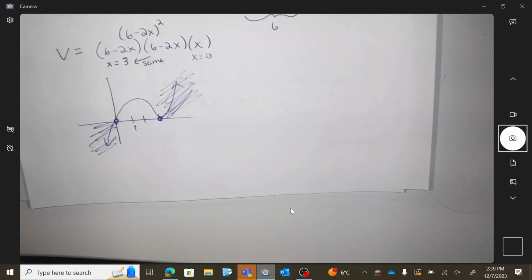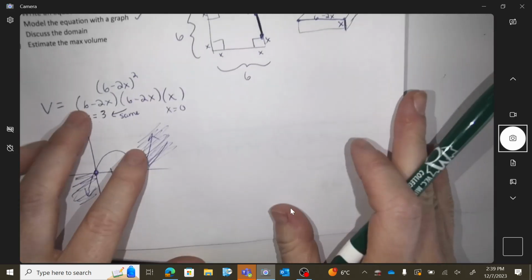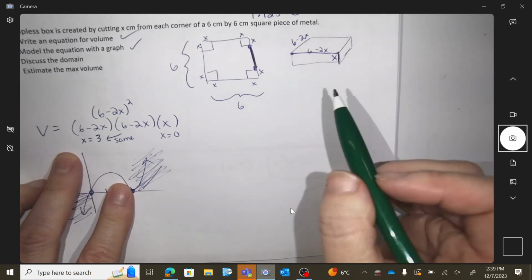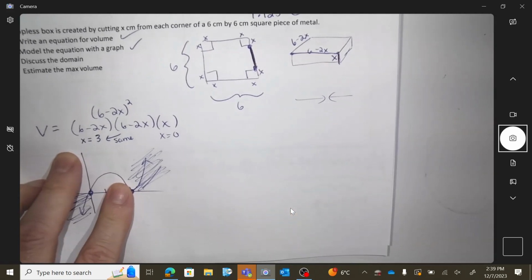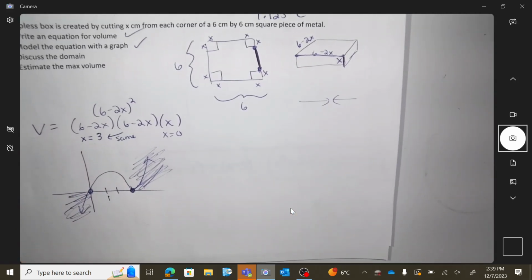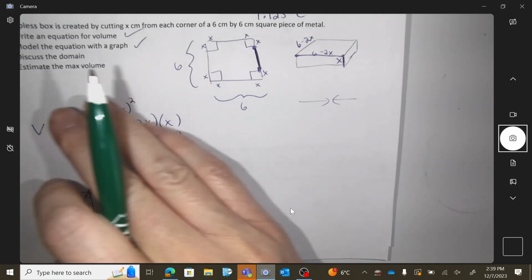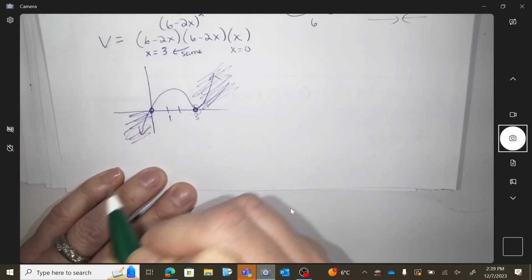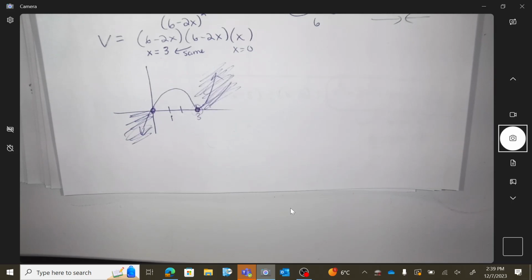So pretend x was 4. What happens if x was 4? Can you cut off 4 and 4 on a 6-sided paper? No, it's too much. There's not enough there. Also, what about 3? Can you cut off 3 and 3 on your paper?